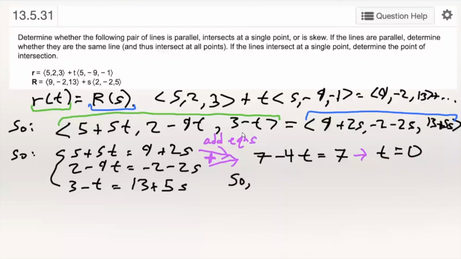So now let's solve for s. We can plug this back into one of the equations, say equation 1. Why not?